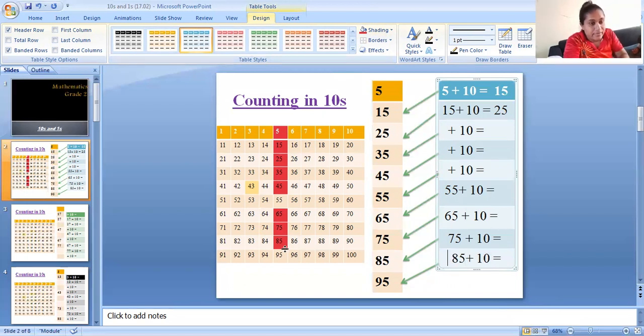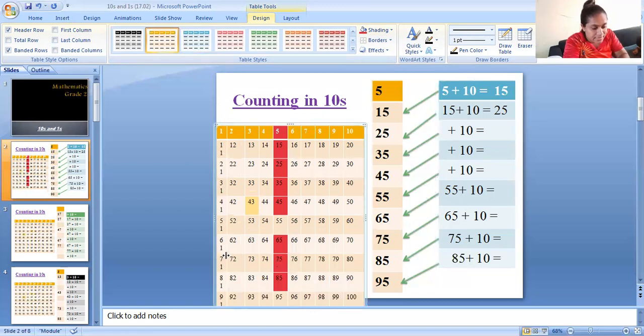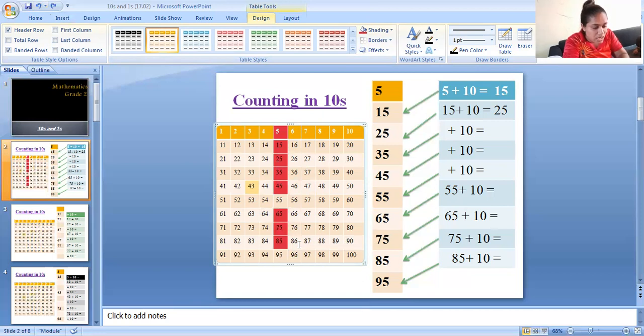Let's see whether I have done it correctly. 85 plus 10. I will count. 1, 2, 3, 4, 5, 6, 7, 8, 9, 10. What is the answer? It is 95. That means we have done it correctly. Here the book has given 95 as the answer.